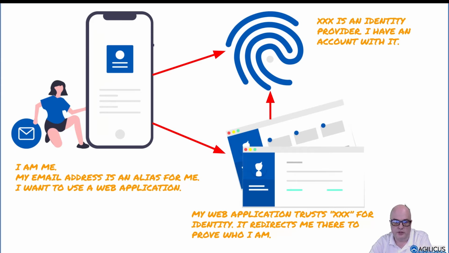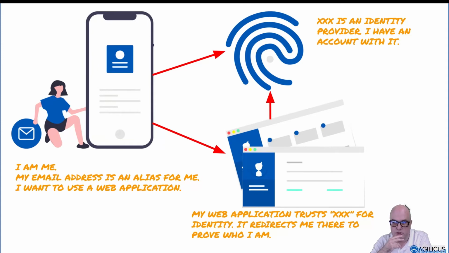So let's start. I am me. I'm a single identity. I'm Don. I might have more than one email address, Don at work, Don at home, but those are aliases for me. I have a single identity, which is who I am. And I think of my device and I think about, okay, I want to use that to log into some web application.